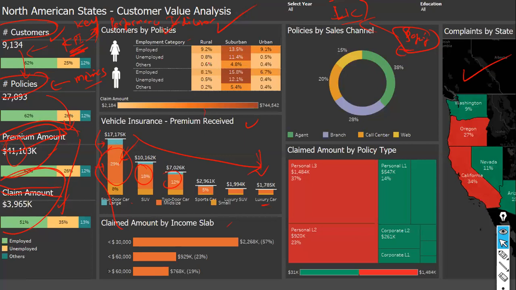No. Even among middle income group people, you don't have to call 1 lakh people. Instead, if you find out who is very promising, out of 1 lakh, the 10,000 customers who are really promising, you are spending less money because you are calling fewer people.